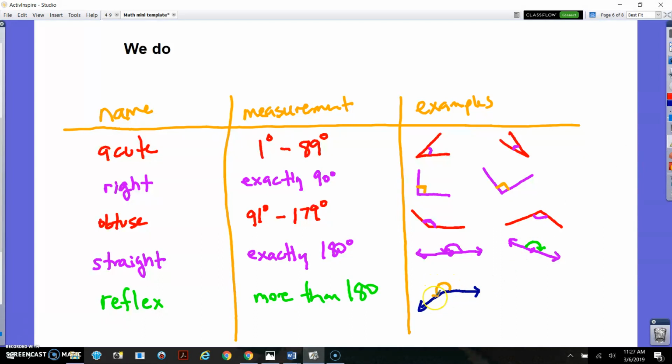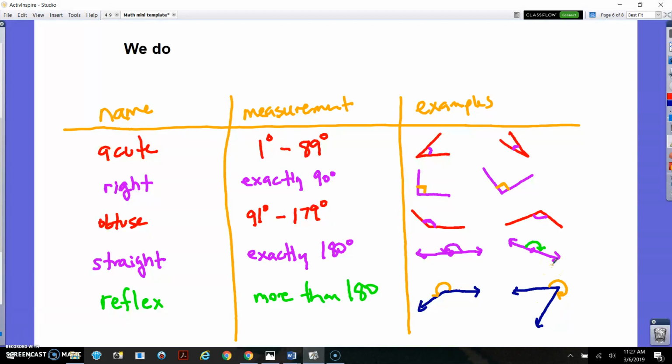You're going all the way around the longer direction, which can be hard to demonstrate. And they can go the other way too. So they can even go really far like this. Again, you have to be clear that you're talking about this angle, more than 180, not this one on the inside. So that's called a reflex angle.